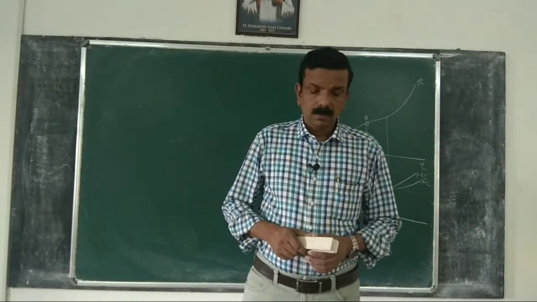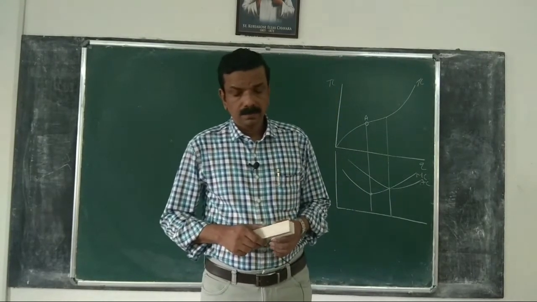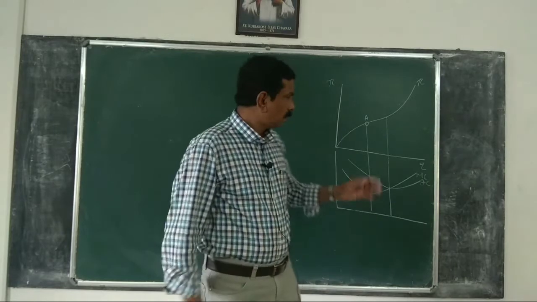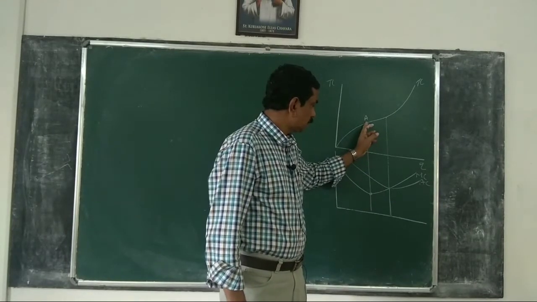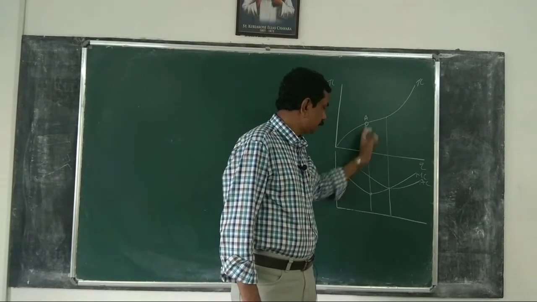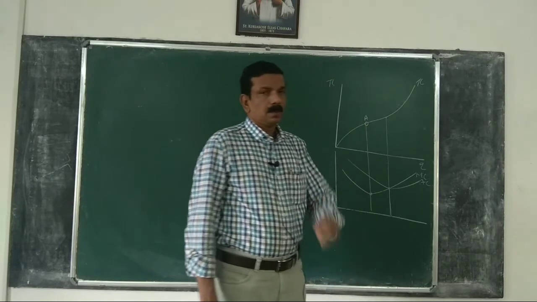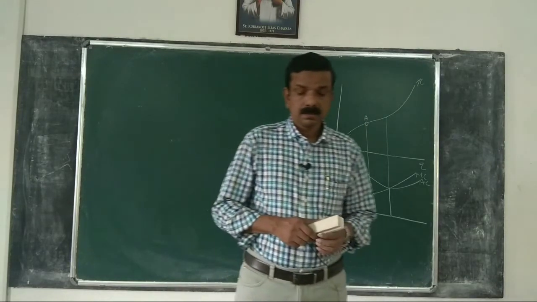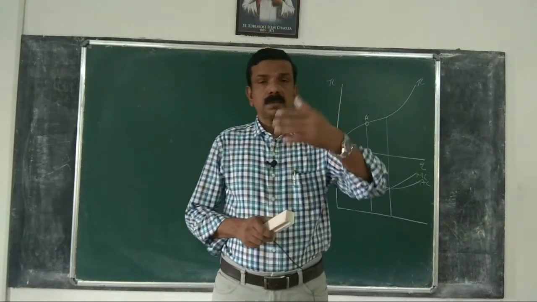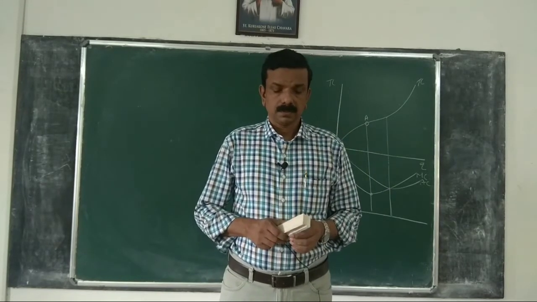Now, the question is, why total cost become convex beyond point A? One reason suggested is the existence of a third factor, the entrepreneur.